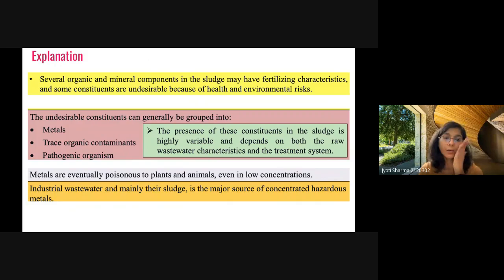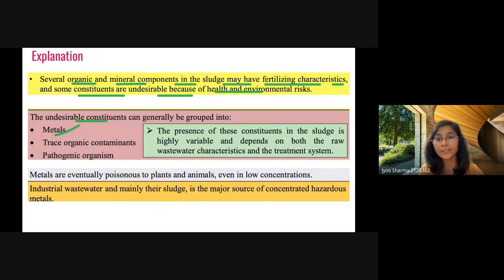So this is just a little explanation: several organic and mineral components in the sludge may have fertilizing characteristics that we can use as manure. Some constituents are undesirable because of health and environmental risk, and undesirable constituents may be some metals.